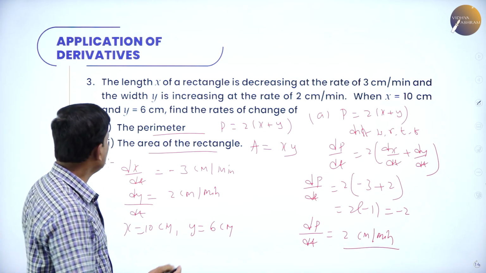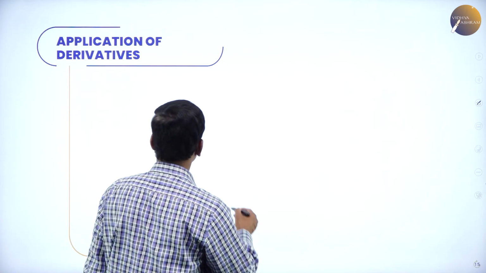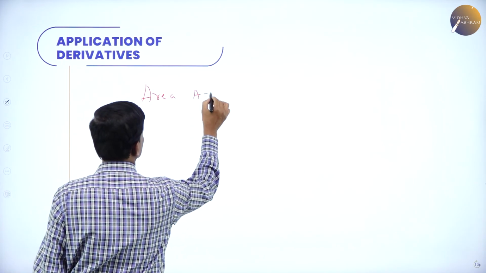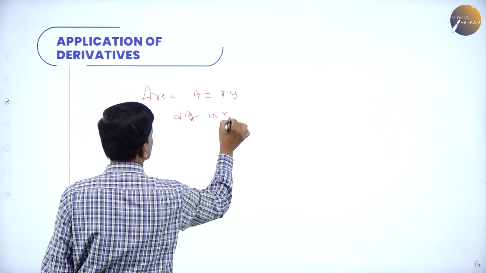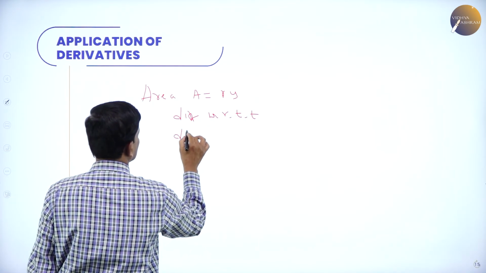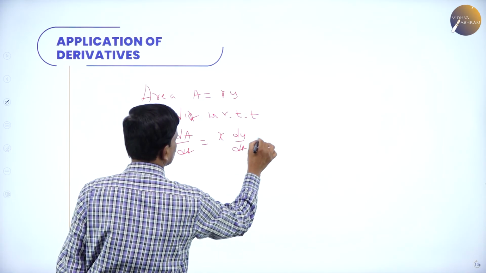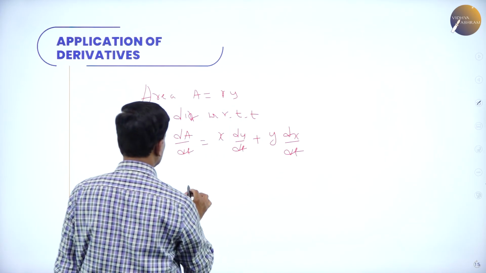Now let us come to the area of the rectangle. The area A is equal to x into y. Differentiate this with respect to t. What will we get? dA by dt is equal to, again, first function into differentiation of second function, plus y into dx by dt. Substitute the values.